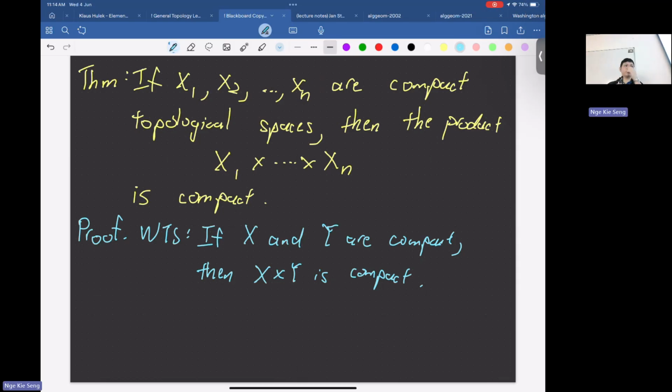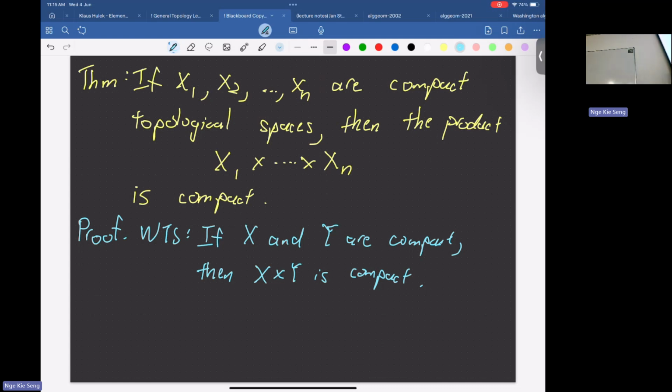Obviously you need to deal with every open cover of X cross Y. Just now we have a theorem that says if you want to check every open cover, you can just reduce to covers by basis elements. How do they look in this space?